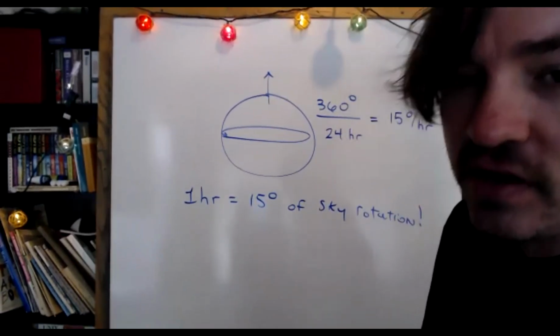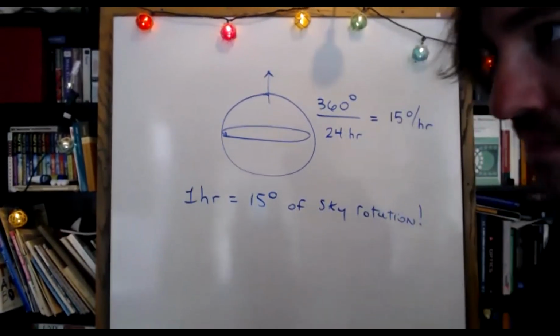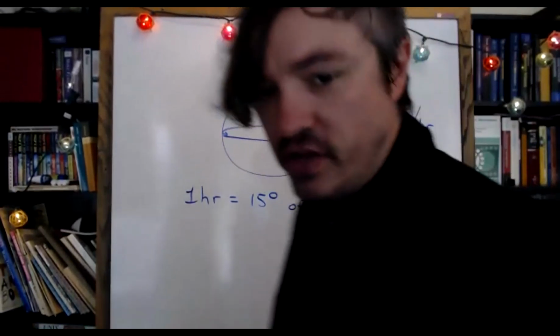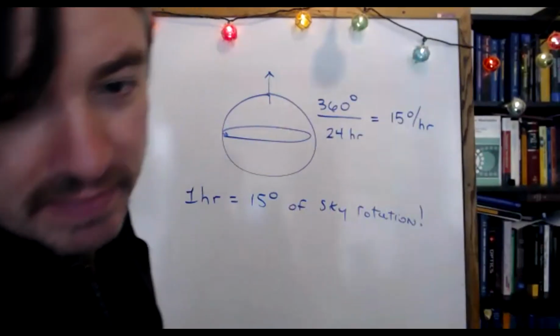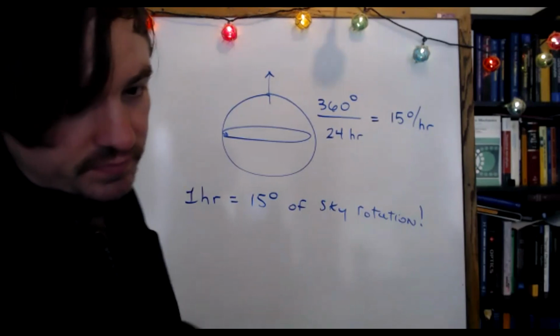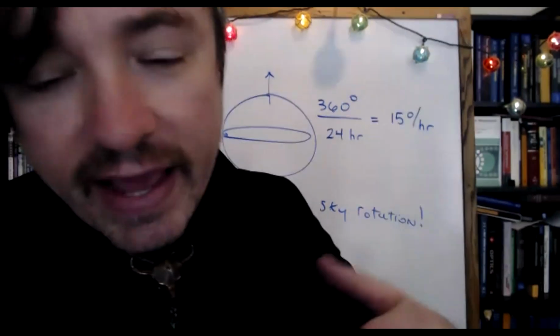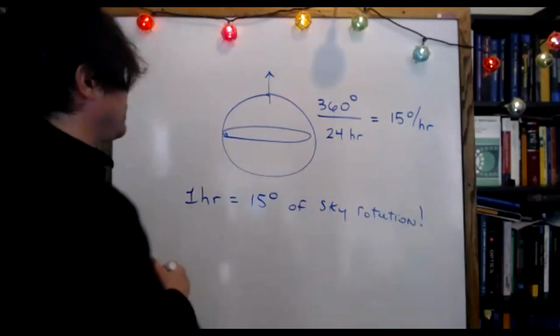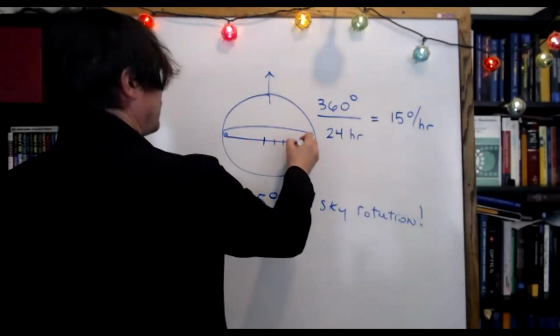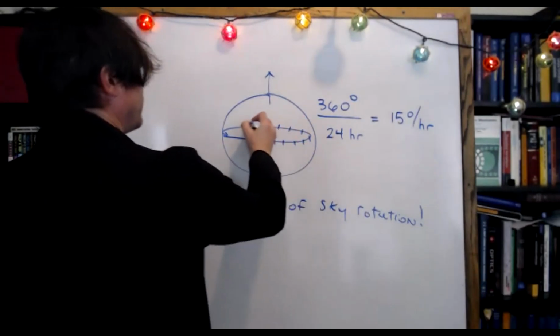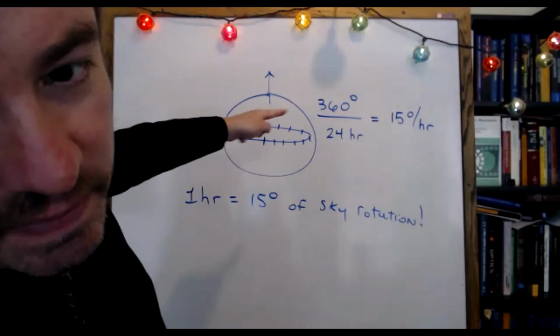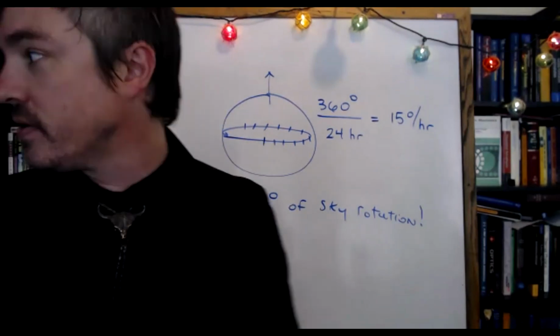In your next class, you're going to learn about local sidereal time. And that's when you'll start to understand why we bothered to measure right ascension in hours. So if I wanted, I could measure the coordinate of a star along the celestial equator. I could measure it in degrees, but it turns out to be more useful to measure it in hours.